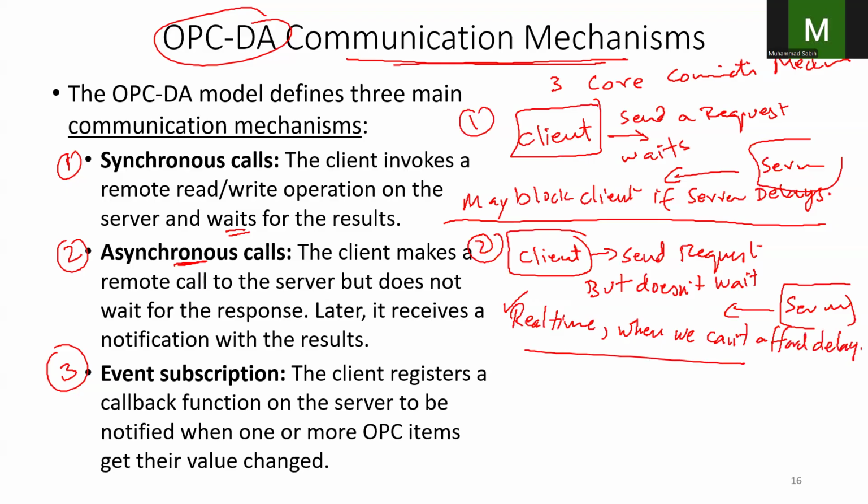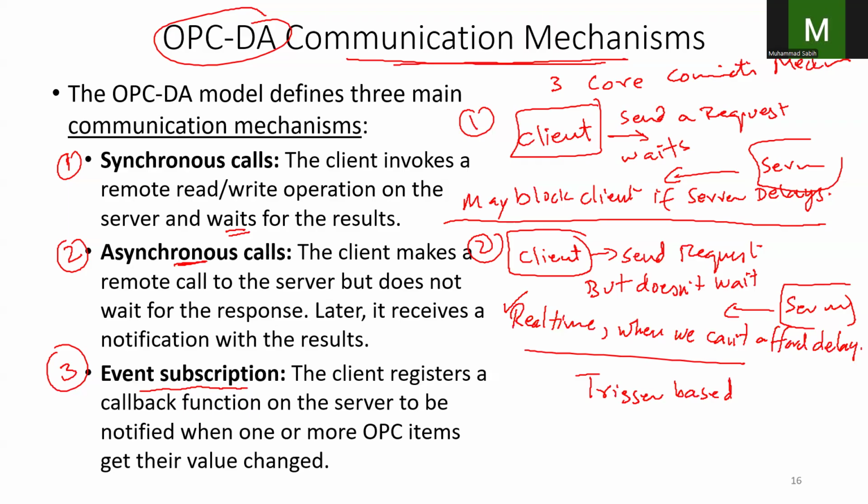Okay. Then lastly we have the event subscription. Very interesting. This allows the client to subscribe to specific data points, or the OPC items. If any of these items change value, this is basically trigger based. Whenever something changes, the server triggers.